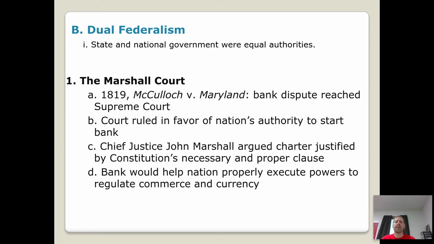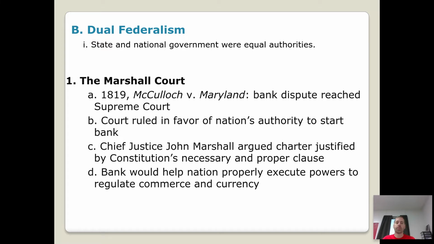The state of Maryland tried to put a tax on this national bank. The national bank in Maryland was led by James McCulloch, and he said, you want me to pay this tax because I'm a national bank? I'm not doing that. You can't tax the federal government.